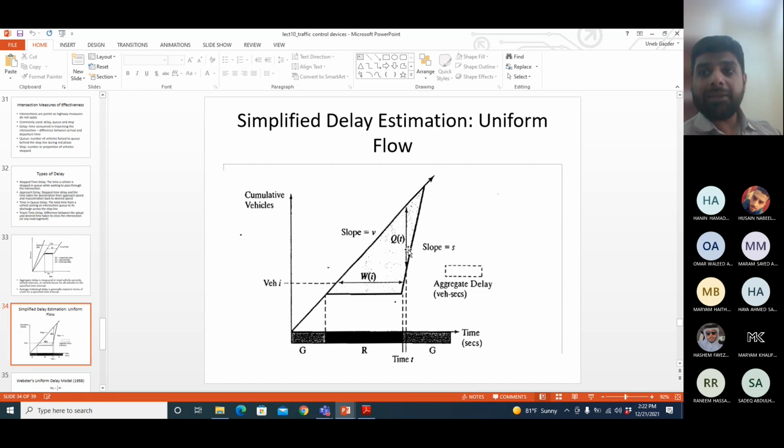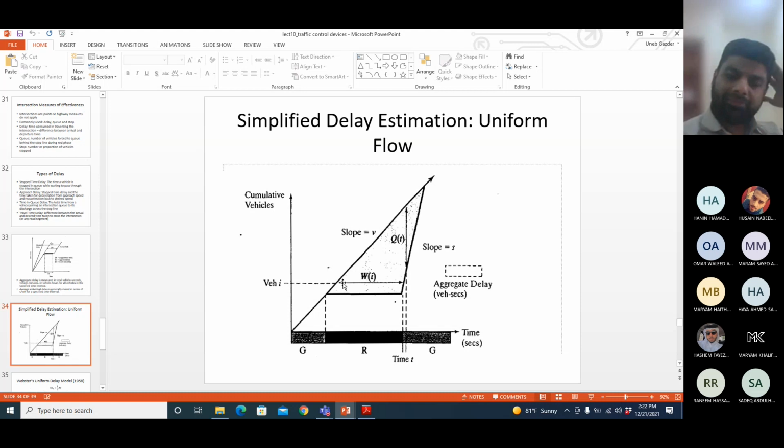Now, if you want to calculate time in queue delay for any vehicle, let's say a vehicle came at this time, and how much time has it spent in the queue? Again, the difference between the arrival and departure line, but horizontal difference now. I'm talking about time in queue, so I want the difference on the time axis.